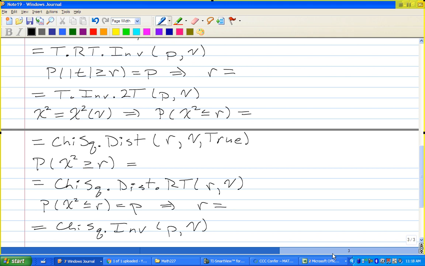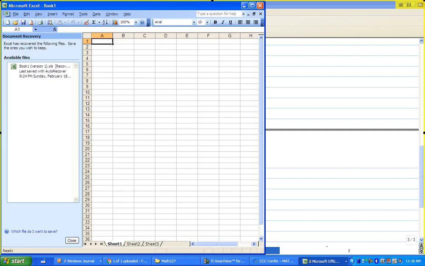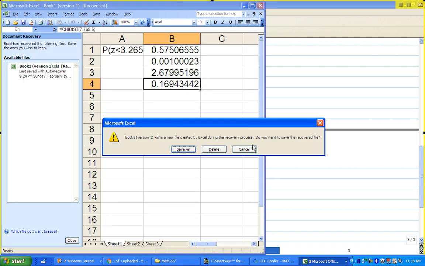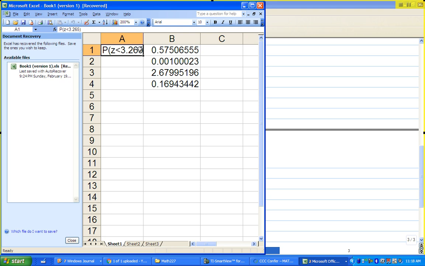Okay, so suppose you wanted to find the probability that X is less than 3.265, you would just say norm dist.